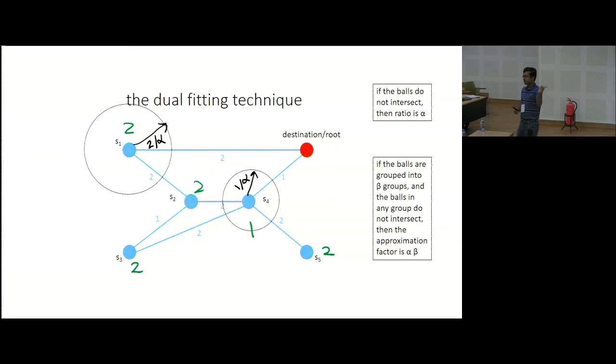I'll draw these balls around the vertices, I'll group them in some clever way, and then I'll show that the balls are non-intersecting within groups, and then I'll claim that the price of stability is in fact the product of these two terms, alpha and beta. Right, again, the choice of alpha and the choice of beta, as well as the actual groups that you form, will be what will constitute the rest of the talk.